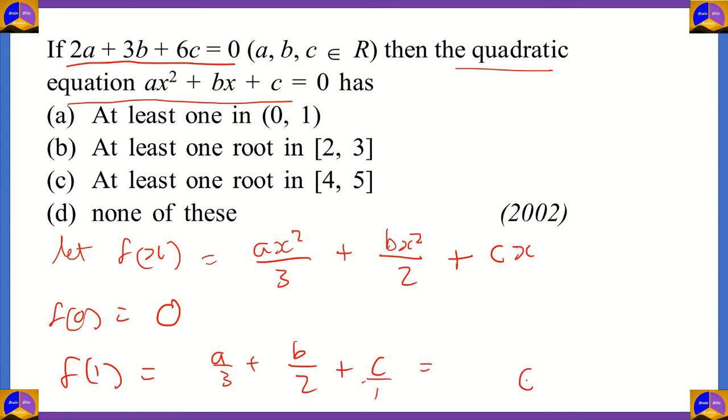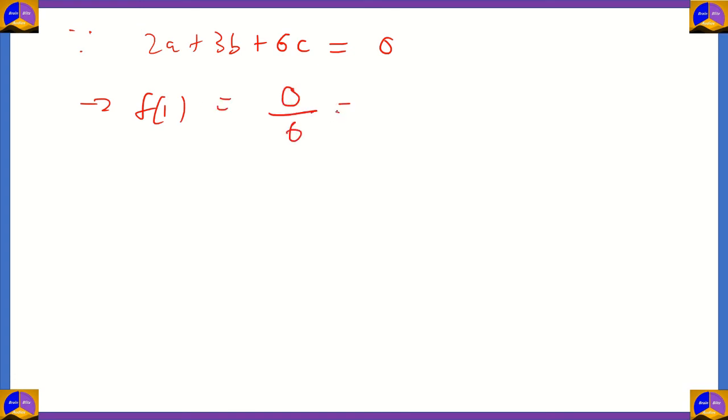And when you take the LCM, that is 6, so you will get 2a plus 3b plus 6c divided by 6 as the value of f of 1. But remember, here 2a plus 3b plus 6c equals 0. So therefore, the value of f of 1 equals 0 divided by 6. That is equal to 0, so that is also equal to f of 0.